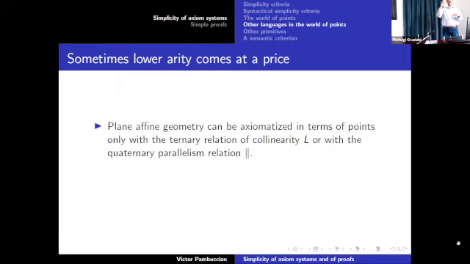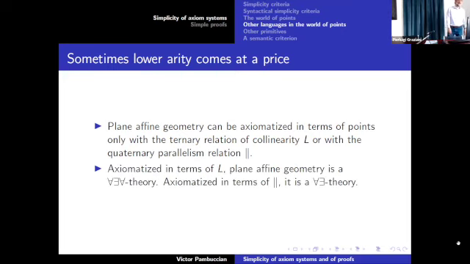So you have AB parallel to CD means that the line formed by AB is parallel to the line formed by CD. So you have just points and just this quaternary relation. And that axiom system is universal existential.